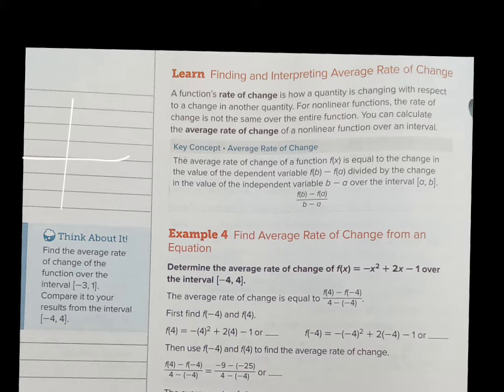But now they're saying, if it's a nonlinear function, think of our parabolas that we've been talking about, right? The rate of change is changing the whole time, okay? But we can calculate the average rate of change, okay?